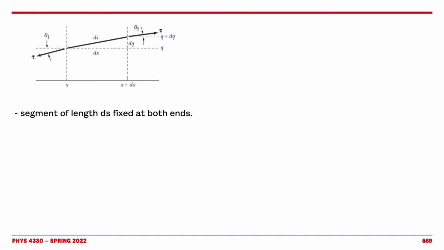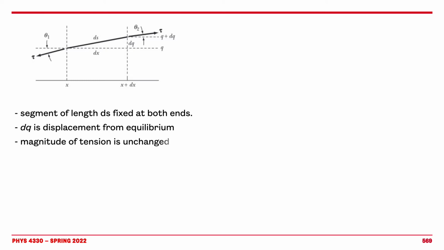Before that, let me remind you a bit how we set up the problem. We have a segment of length ds, and it's fixed at both ends far away, at x equals 0 and x equals L. We imagine that dq is a displacement from equilibrium, so q describes the equilibrium. As I mentioned, the magnitude of the tension is unchanged, but its direction does change.